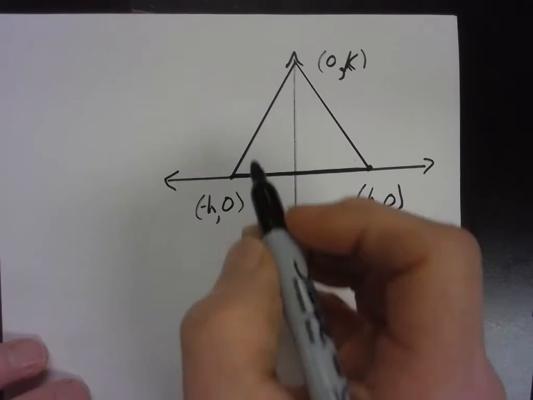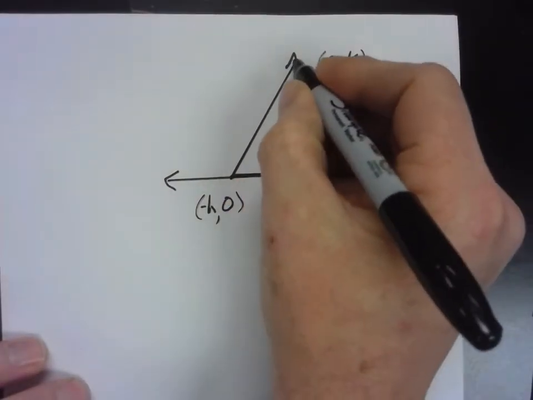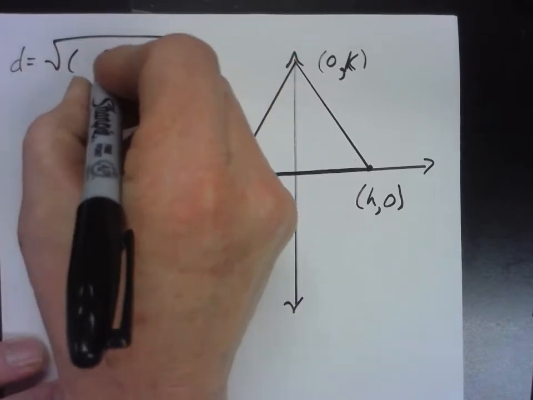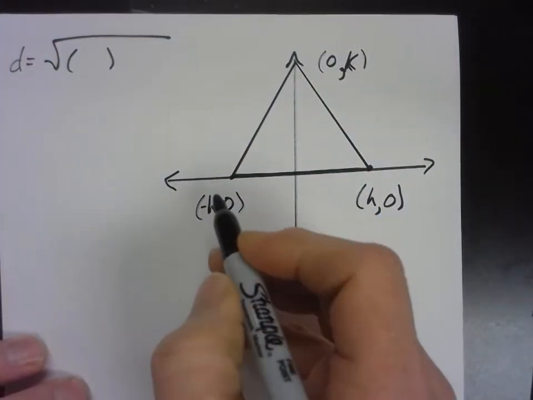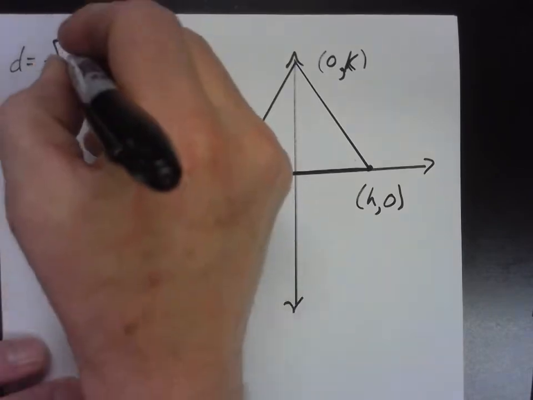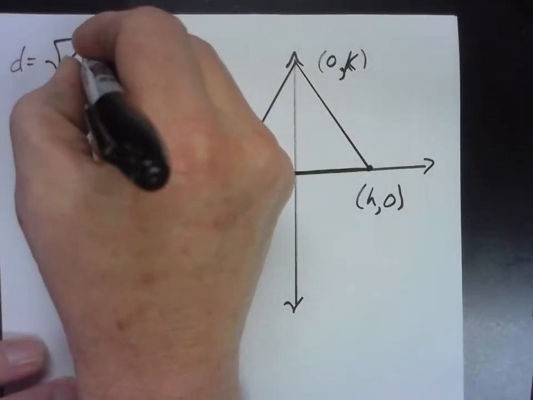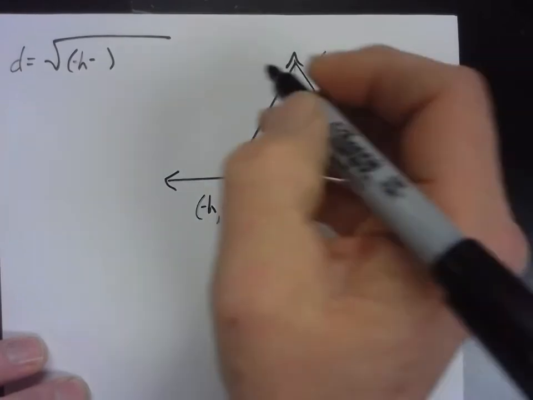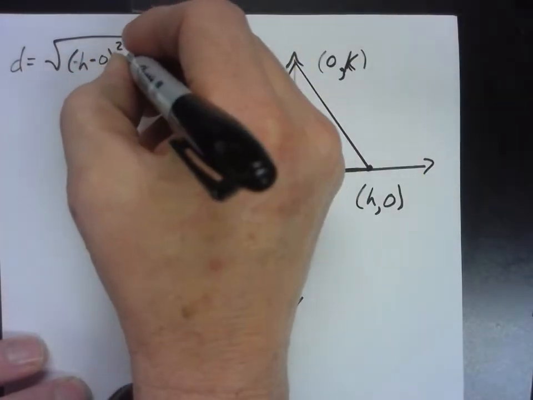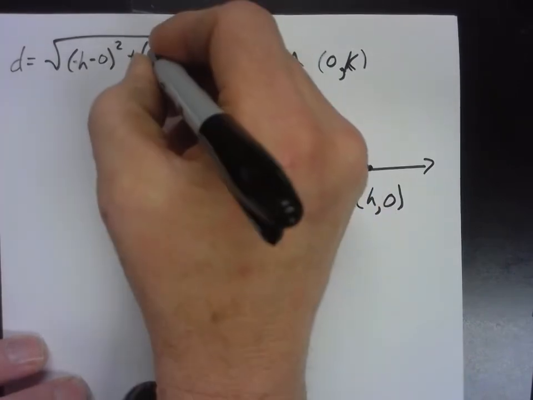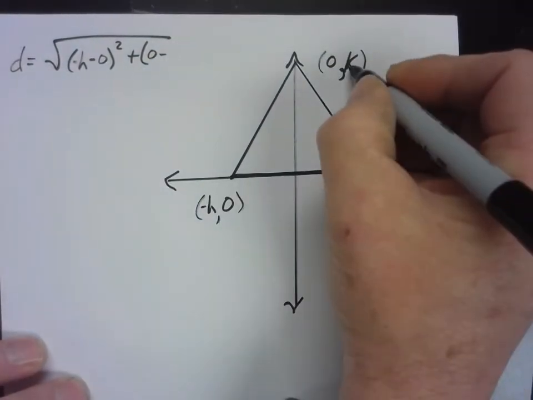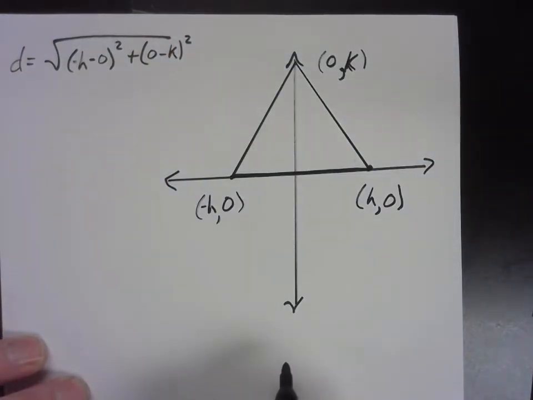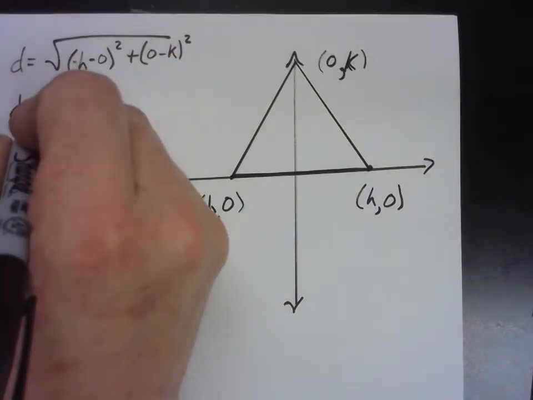So the length of this segment right here would be the square root of its x coordinate, subtract this one's x coordinate, correct? Okay, 0 squared, plus its y coordinate, subtract the other point's y coordinate, squared. And so let's make this a little better here.